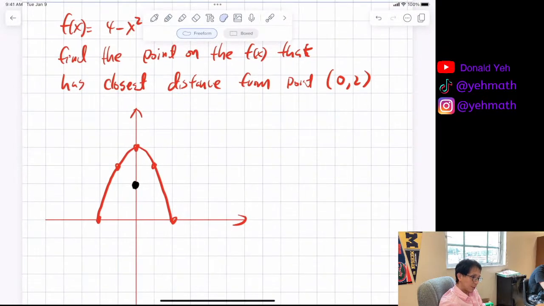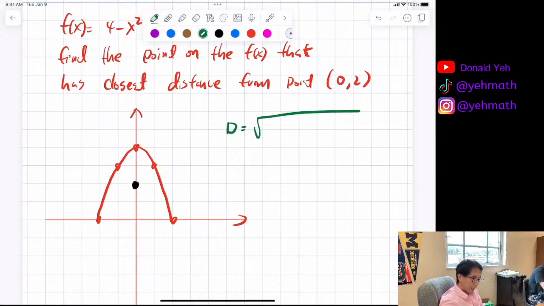Now let's use the distance formula. We're going to compare the x minus 0. Why do we come up with 0? 0 is right here. Squared, plus y minus 2 squared. That's my primary equation. That's the one I'm taking the derivative of.